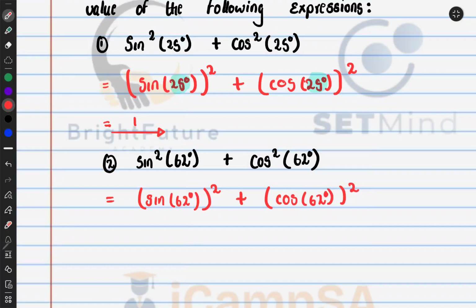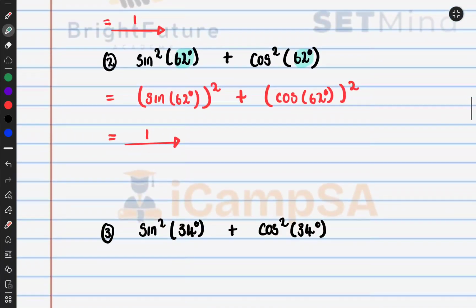You punch this in your calculator, and you're going to get 1 again. Just pay attention to the angles. We have the same angles, sine squared of 62, cos squared of 62.